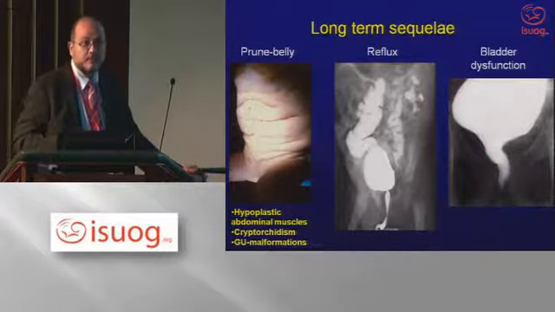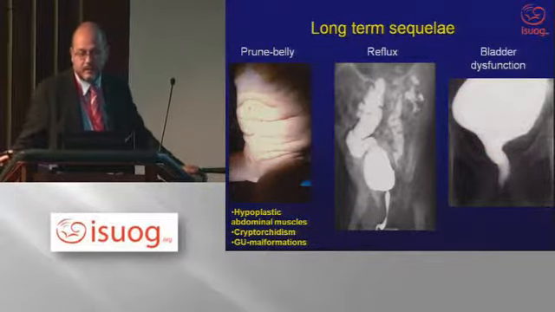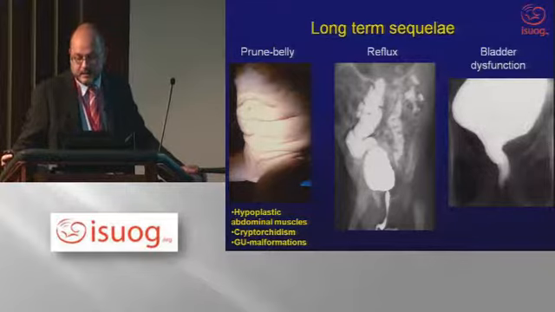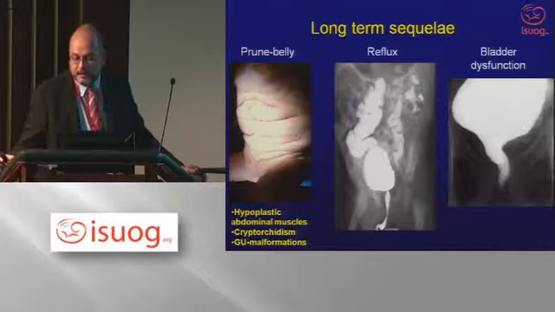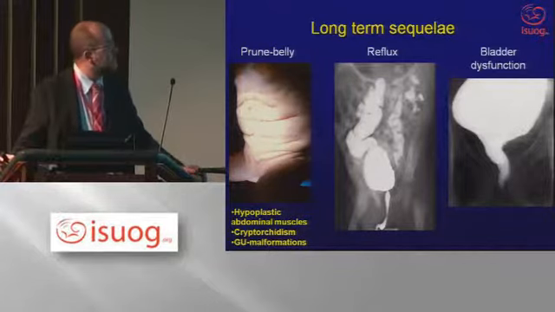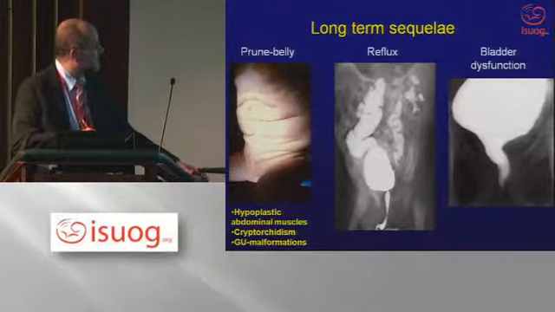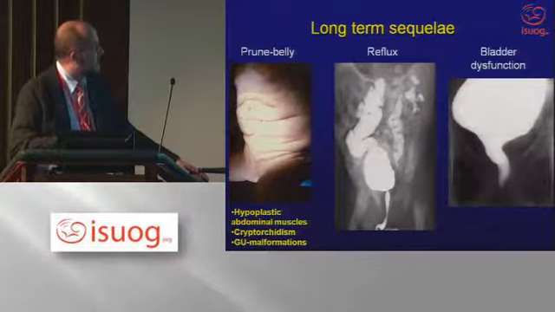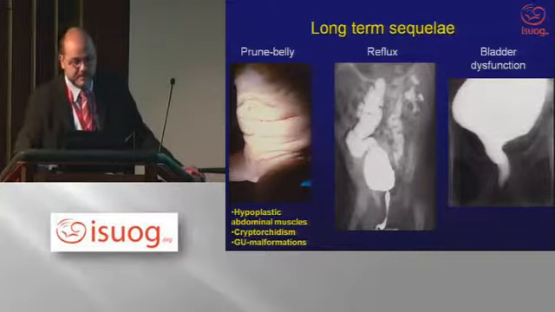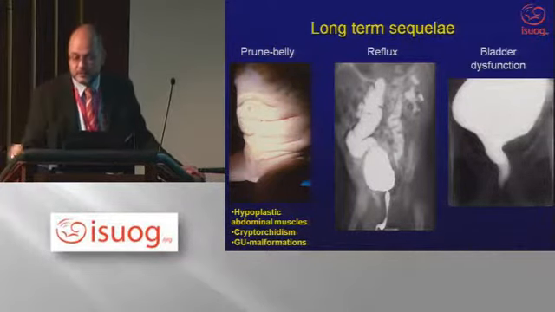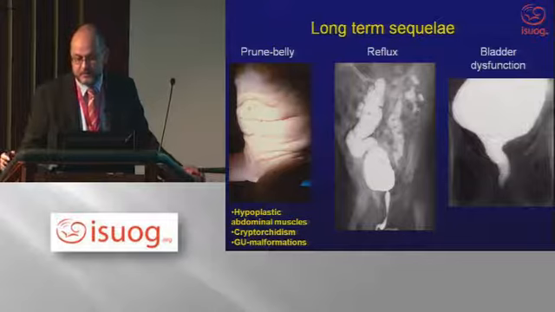And other long-term effects of megacystis include hypoplasia of the abdominal muscles here. This is part of the so-called prune belly syndrome. The syndrome, incidentally, isn't just hypoplastic abdominal muscles, but also includes cryptorchidism and other genitourinary malformations, as we said before, the primary cause of the obstruction in the first place.